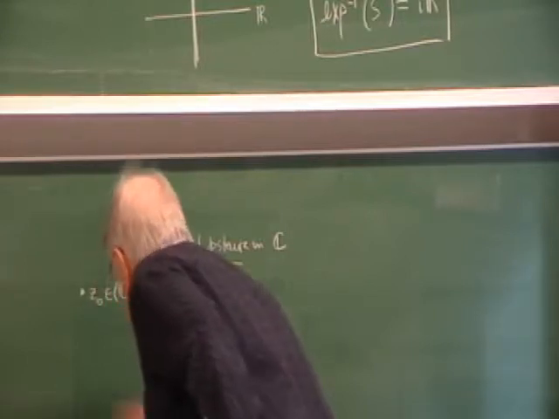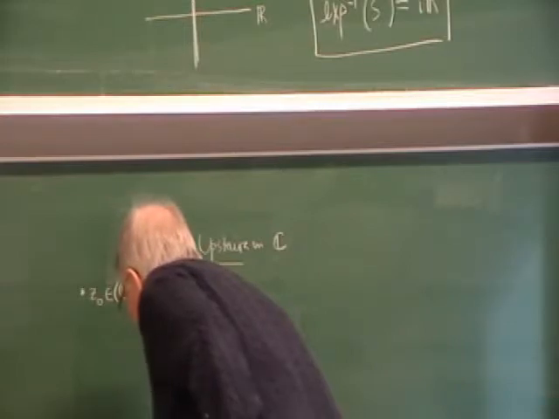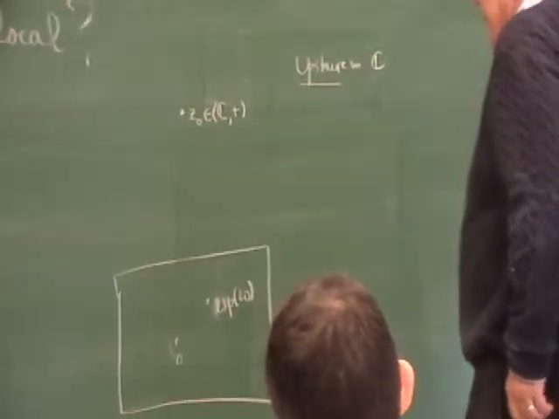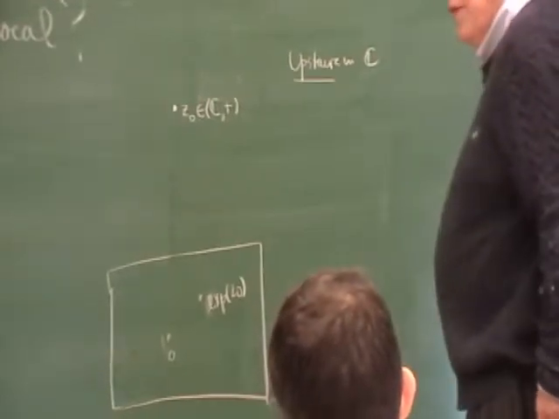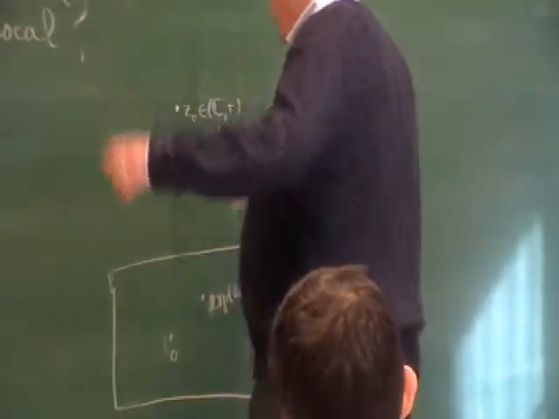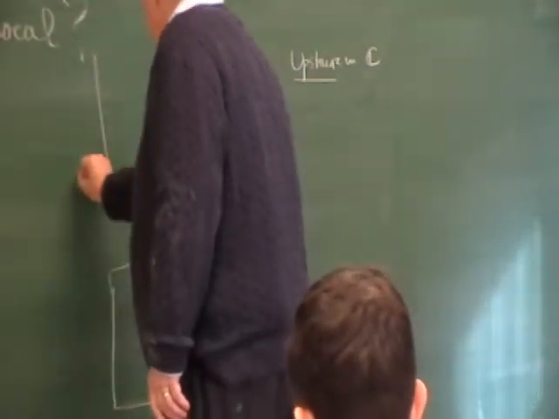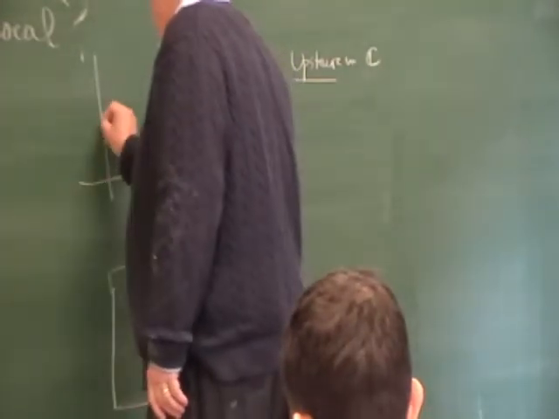No, that's not the point Z0, that's x from Z0. Now we have an idea. This is someplace, I don't know where, but it's up here in C.